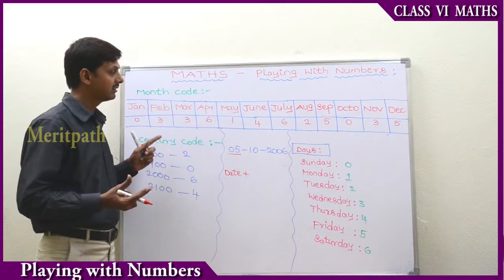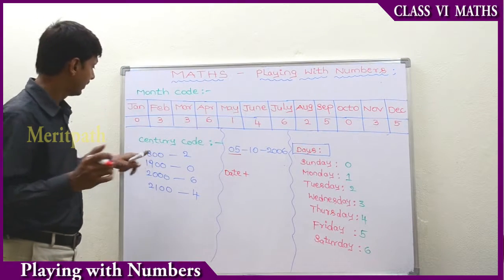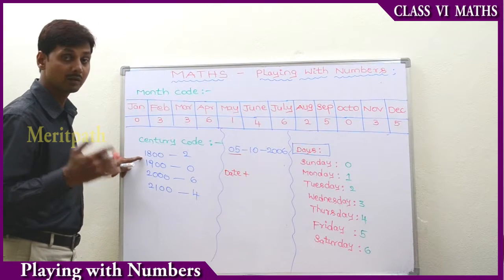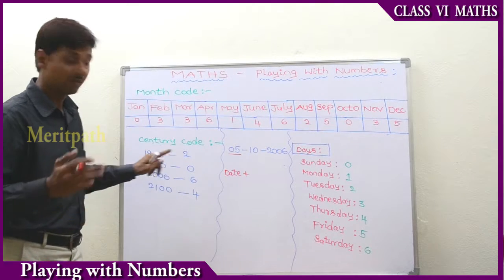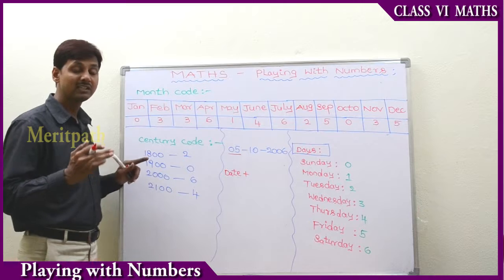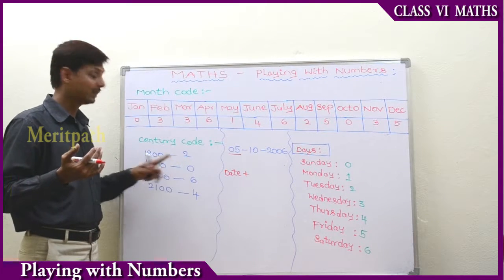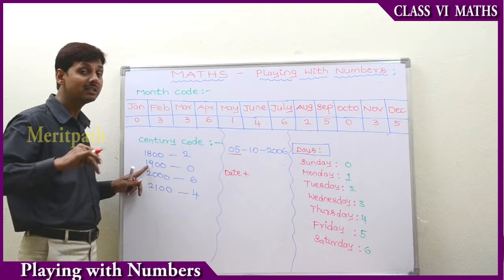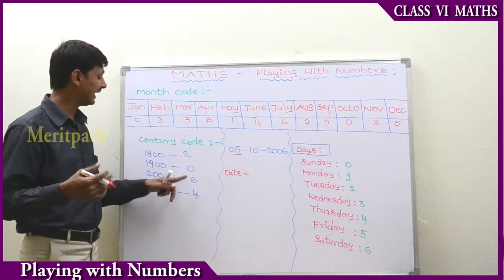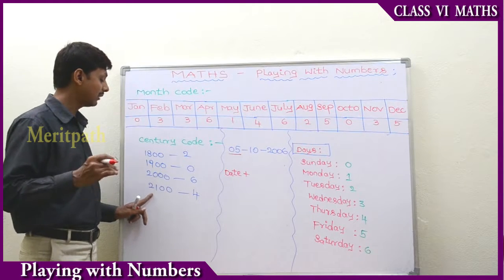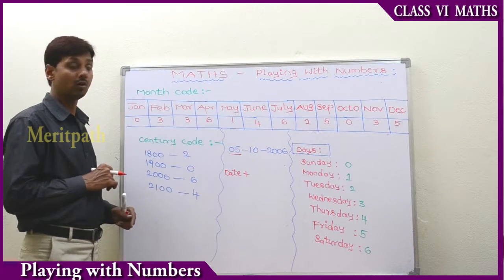These are the century codes we need to use for each and every century. From 1800 to 1899 we use 2. From 1900 to 1999 we use 0, 2000 to 2099 we use 6, and 2100 to 2199 we use 4.